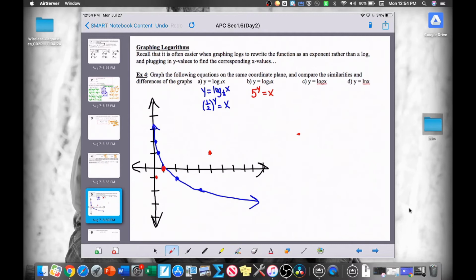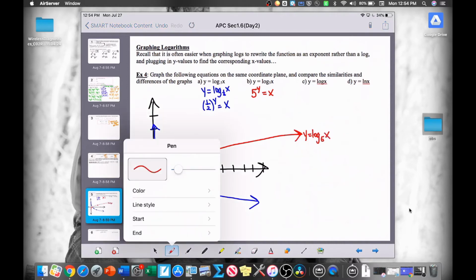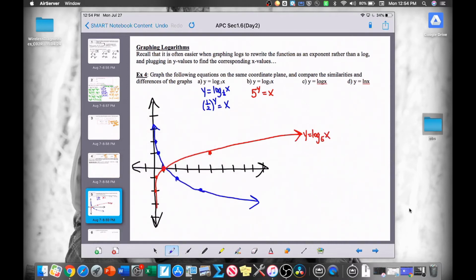And then 5 to the negative 2 power is 1/25. So we're getting really close to that axis there. All right, so this graph, this is y equals log base 5 of x. Sorry, I should have labeled the other one. Y equals log base 1/2 of x.